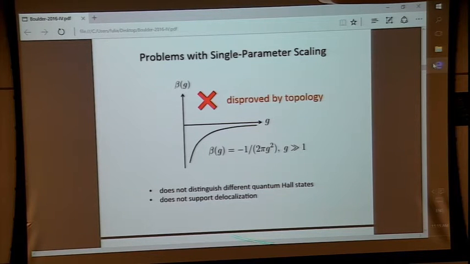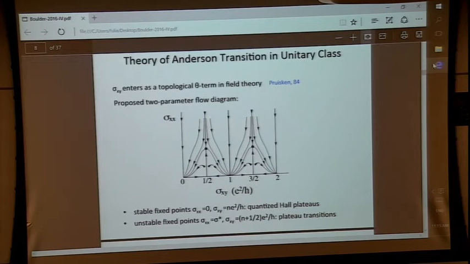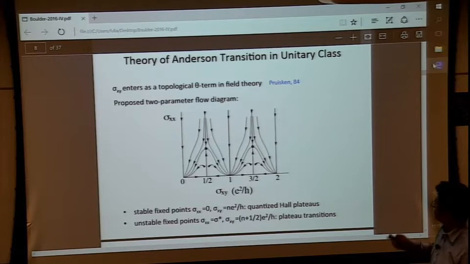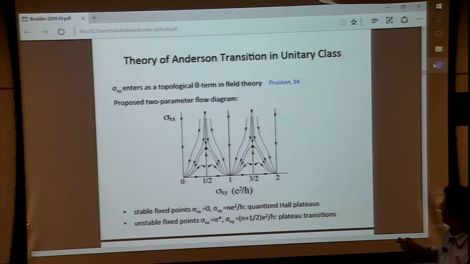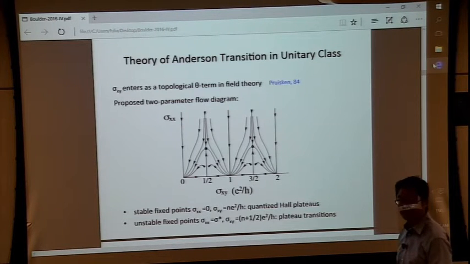That there has to be something beyond this single parameter scaling theory, and this problem was fixed, at least theoretically. There's a strong argument for a modified renormalization group flow diagram. Instead of being based on a single parameter scaling theory, there are really 2 scaling parameters.